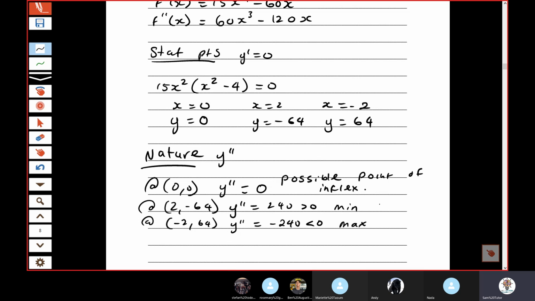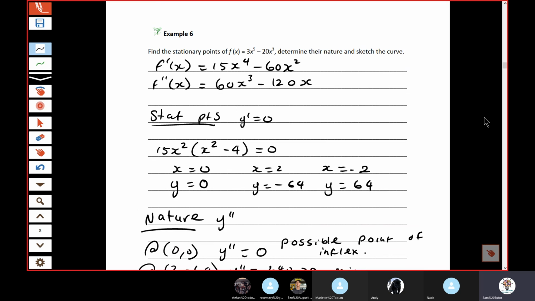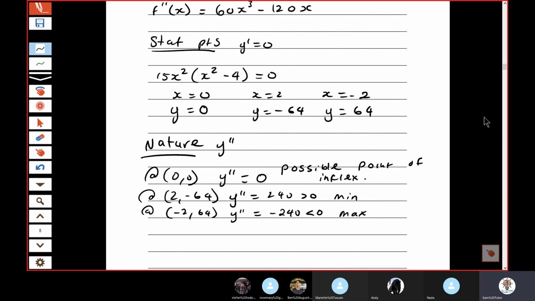What you would have done, we would have done our next step, which would have been a point of inflection. With our point of inflection, it probably would have worked. Let me see the graph. Yeah, I think it would have worked, but I'll show you what you would have done with your y dash table.